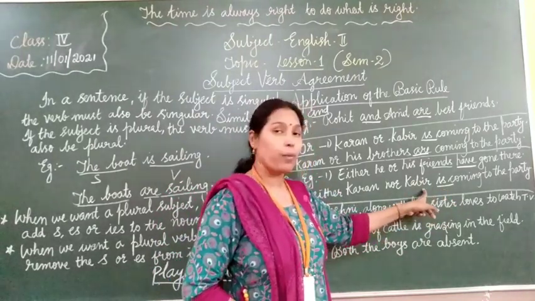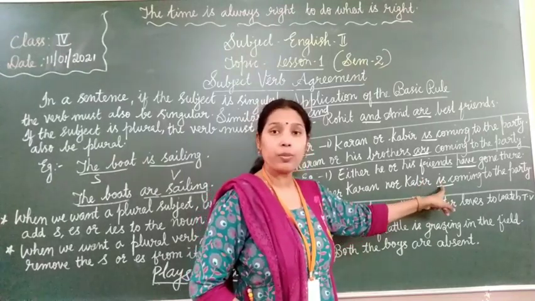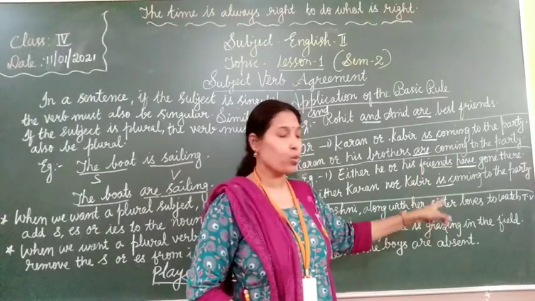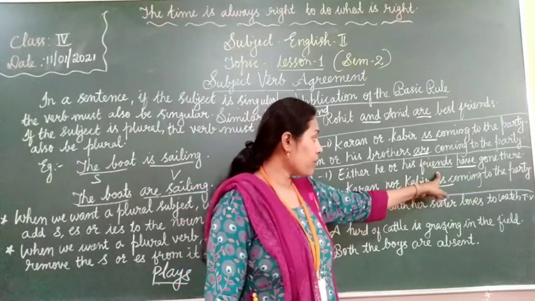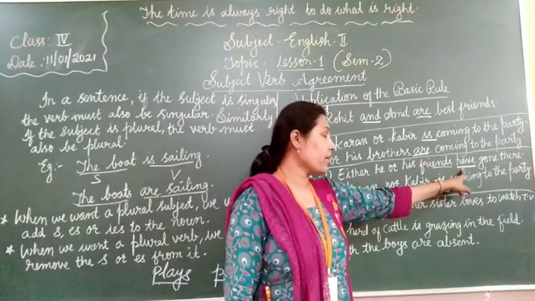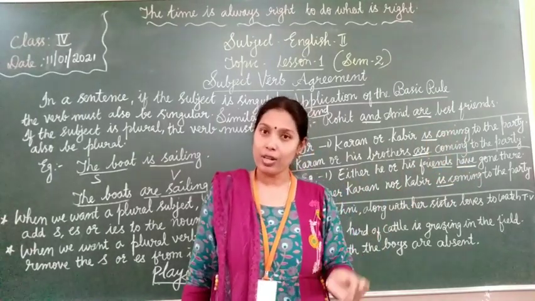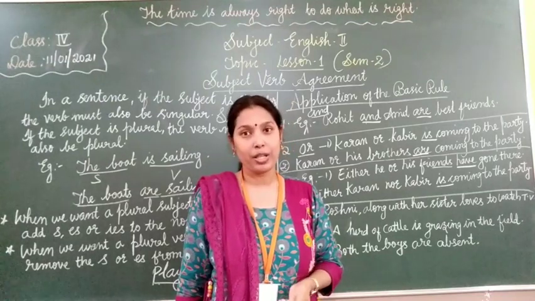If it is in plural, then the verb must be in plural. Here the subject is in singular, that is why the verb is in singular. Here the subject is in plural, that is the reason the verb is also in plural. If the subject is in singular, the verb must be in singular. If the subject is in plural, the verb must be in plural.